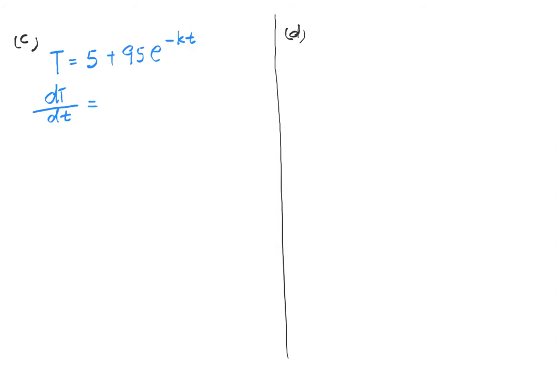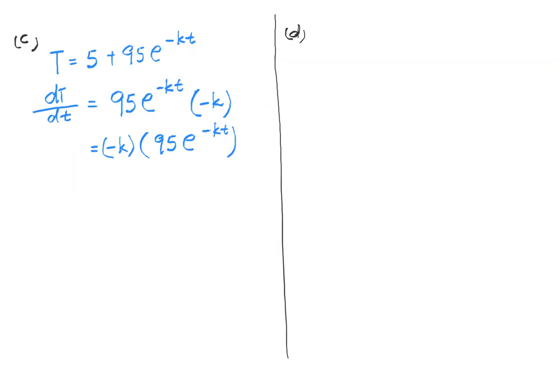So you differentiate 5, you get 0. So exponential, you copy down the whole thing, times by K is a constant, correct? So that rate of change of negative KT will be negative K. So I will have negative K, a constant, times by 95 e to the power negative KT.